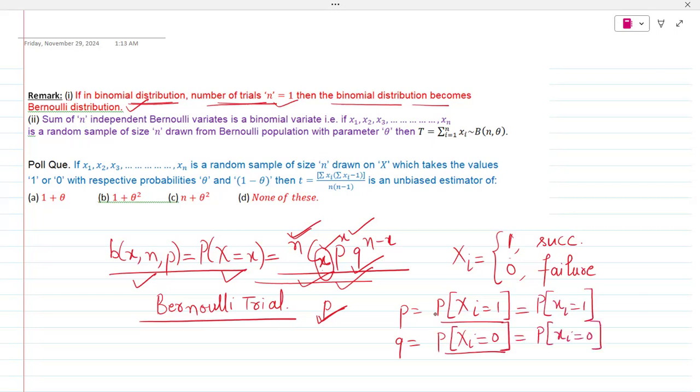It is the same, there is no difference. Why? Because ultimately our sample observations, the xi's, come from the population itself. So in other words, our jth sample observation will be some ith population value.